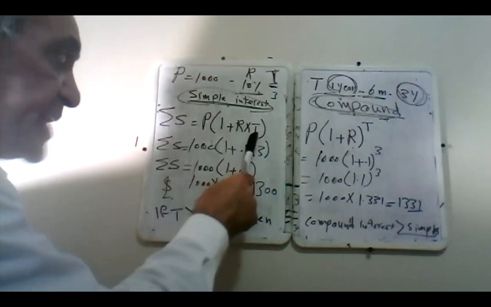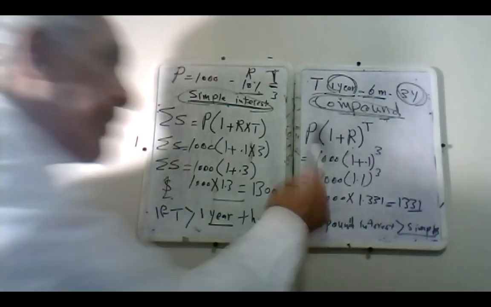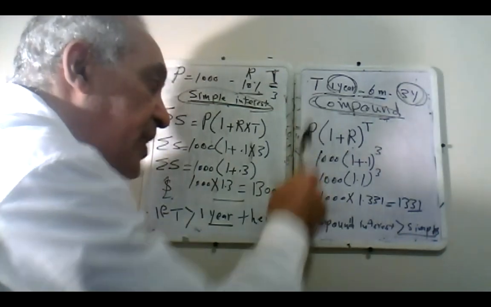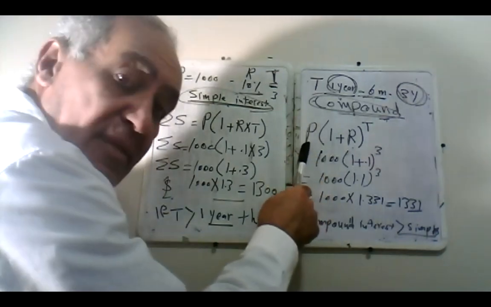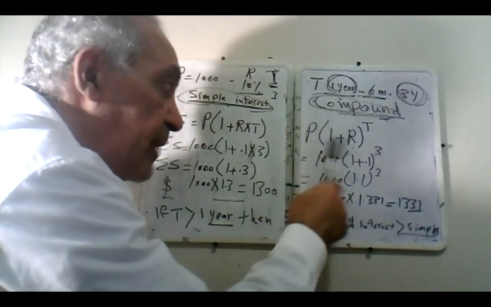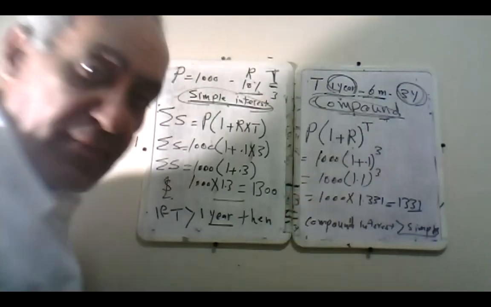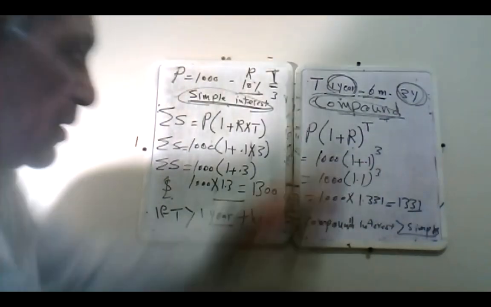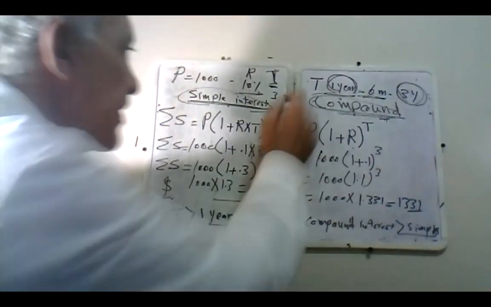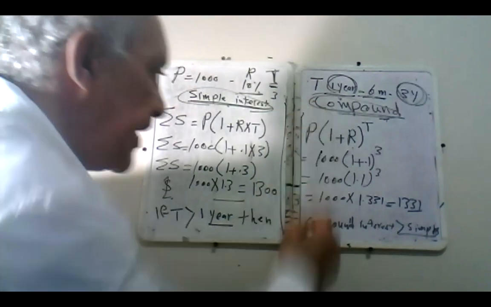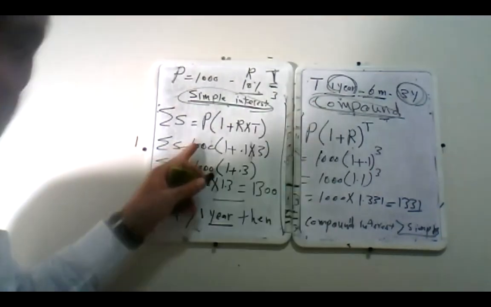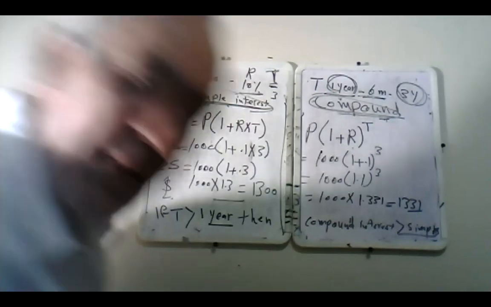R is the rate and t is the time. But for the compound, it will equal the principal multiplied by 1 plus r, which is the rate, to the power of the time. And this is an example. It shows you the difference between the simple interest and the compound interest.